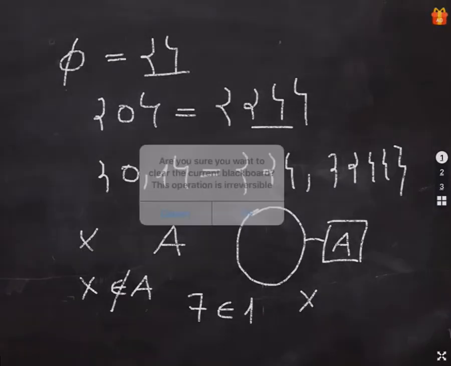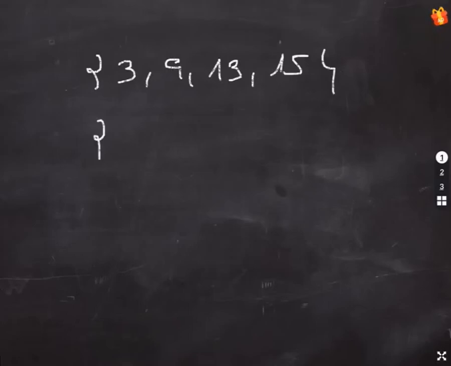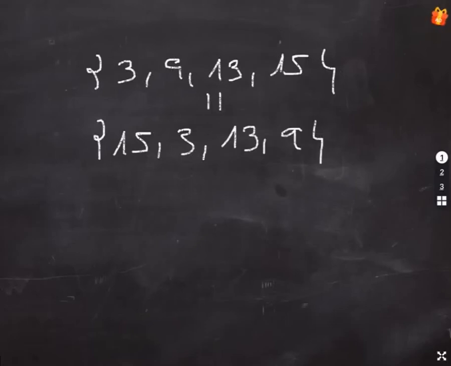Well, you can think of the set {3, 9, 13, 15} and {15, 3, 13, 9} to be exactly the same set. Why is that? That's because we have defined sets to be an unordered collection of objects. So we don't care about the order in which you are placing the elements in the set.